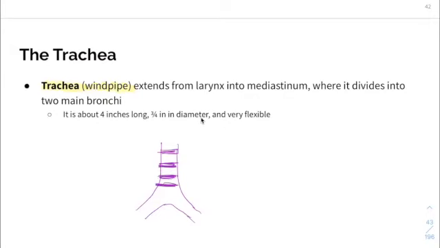And then we get to bronchi next. But our trachea is about 4 inches long. It's maybe 3/4 of an inch in diameter. It has that hyaline cartilage to protect, but it also allows it to move. It's pretty flexible. And it's flexible for a good reason.